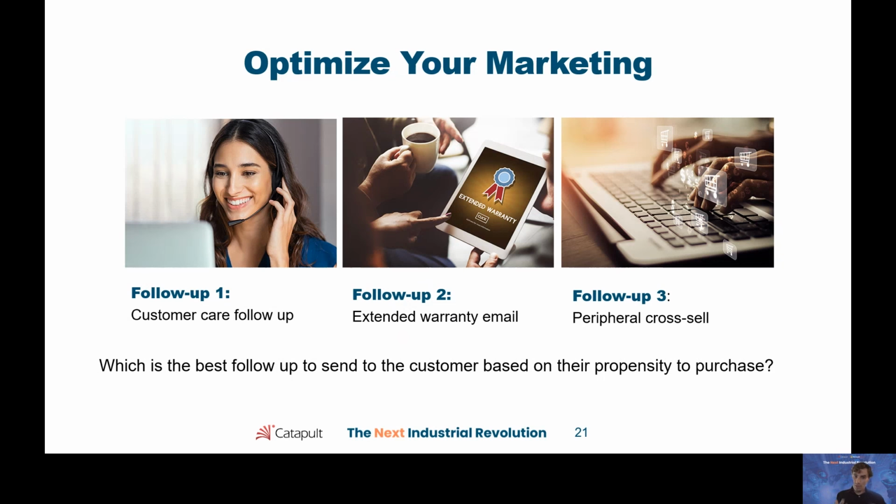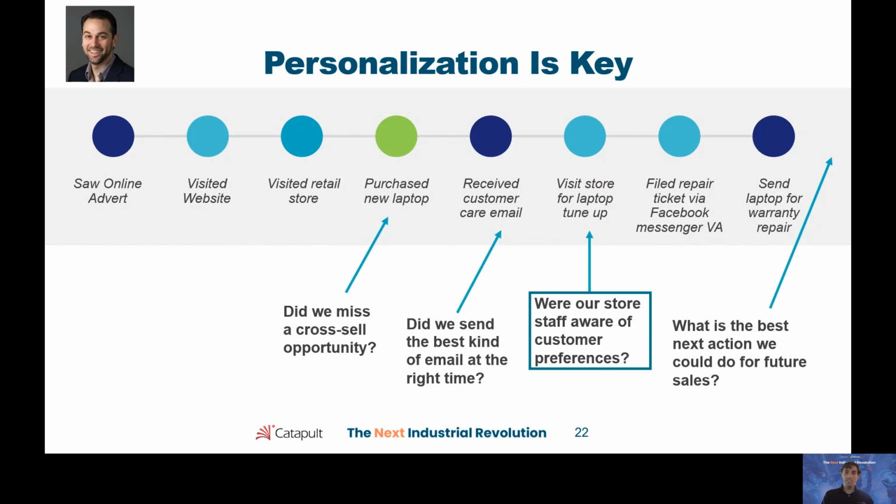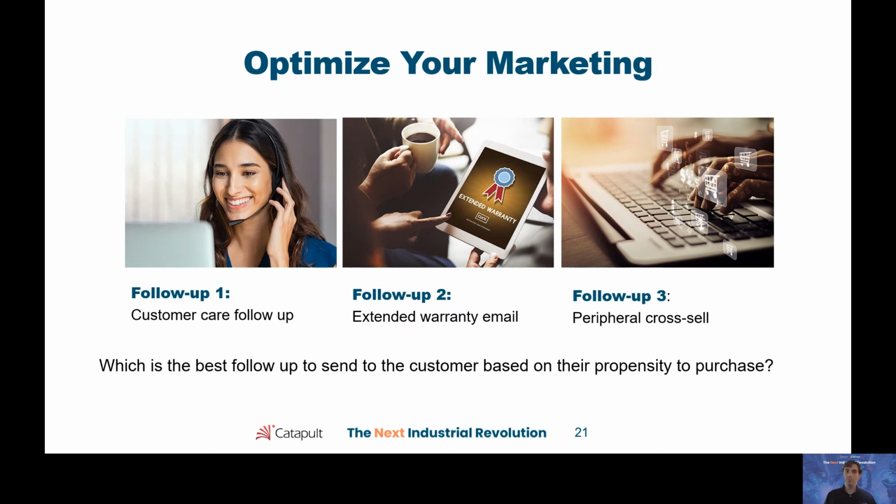These often work best with current technology when we're deciding which is the best out of a shortlist that we have going. So let's say we've got 3 possibilities that we could send: a customer care follow-up, an email about selling an extended warranty, if you didn't buy one of those at first. They're gold dust in manufacturing, right? They're super high margins. Which customers who didn't buy it might do well with that follow-up email about the warranty?